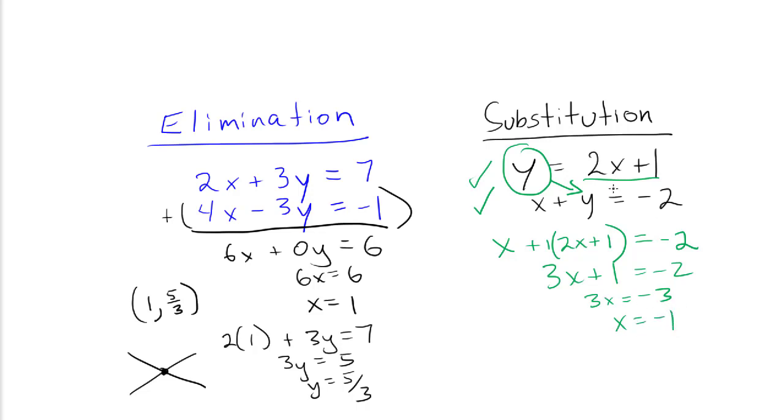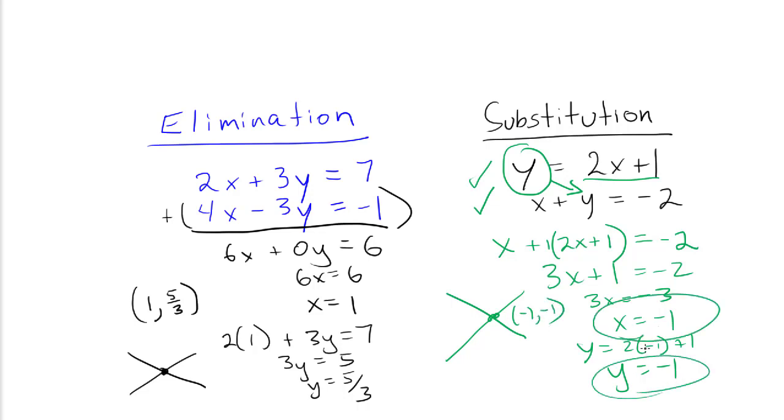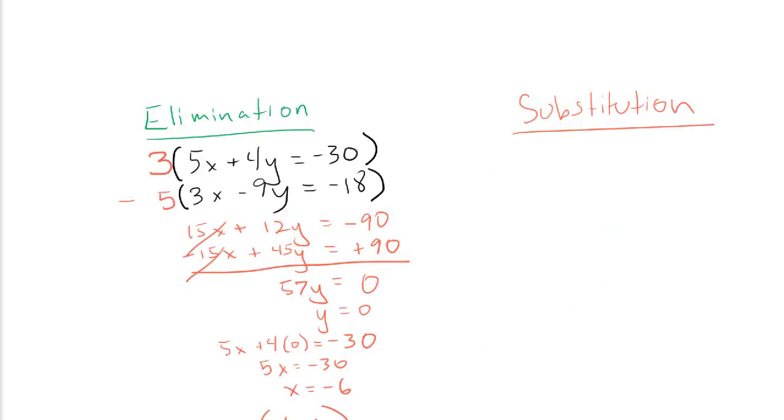Now I can plug that back into my equation. y, we know, equals 2 times x, which is negative 1, plus 1. That's negative 2 plus 1. y equals negative 1. The intersection point between the two lines is negative 1 comma negative 1. That is our solution to that system of equations.